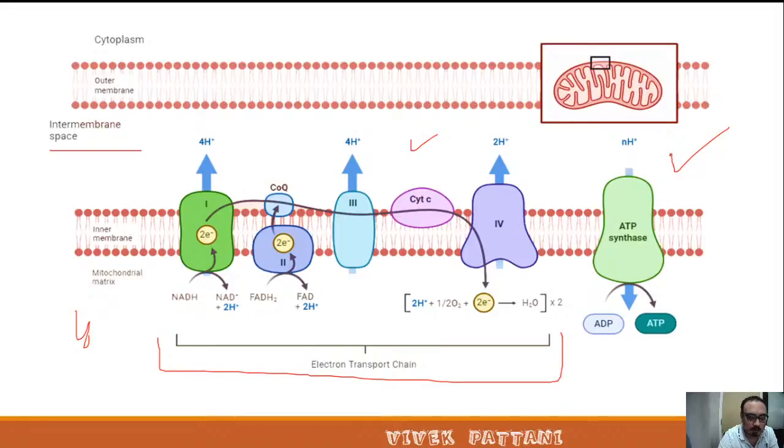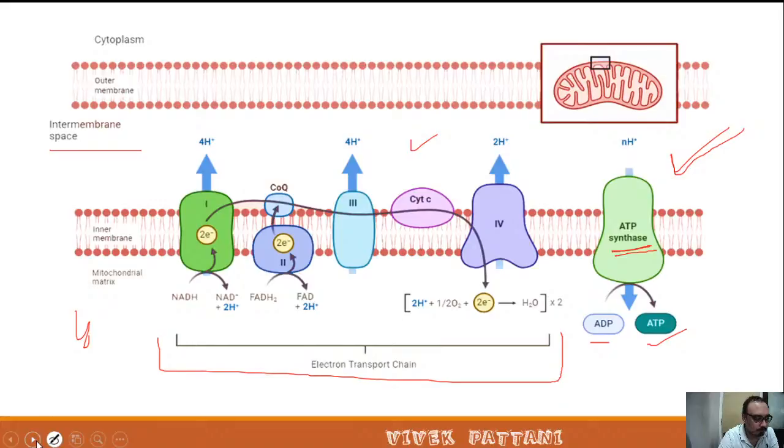This proton gradient formed will lead to generation of a proton motive force through which ATP synthase will convert ADP into ATP.